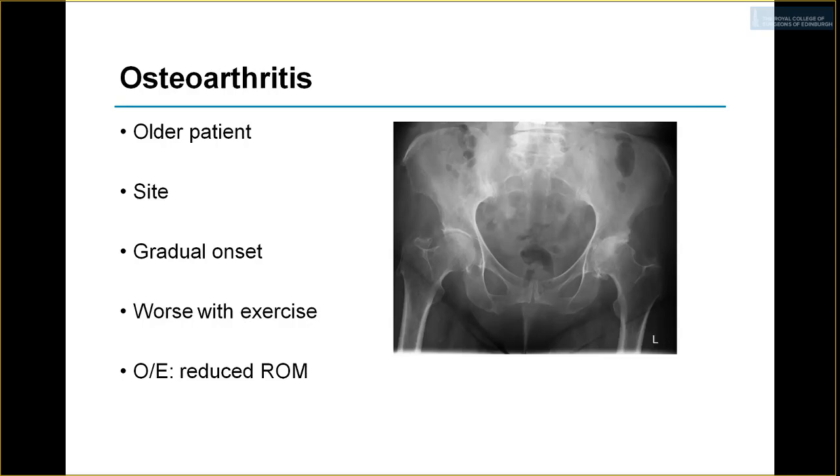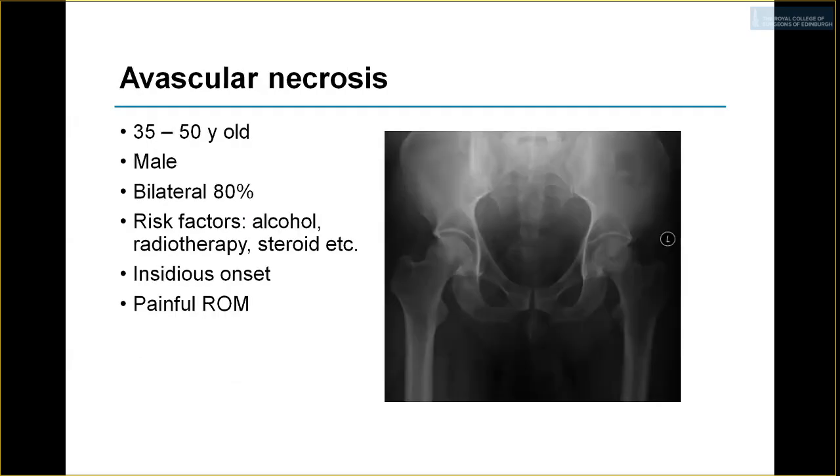So it's not an acute process, and typically gets worse with exercise. When you examine those patients, the range of movement is reduced. So you might have a fixed flexion deformity in the hip, with a positive Thomas test, and reduced internal rotation and reduced flexion. These are the movements that you start losing first when you examine those patients.